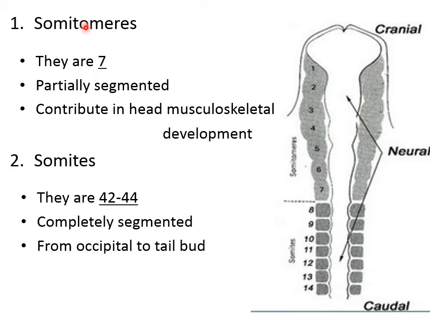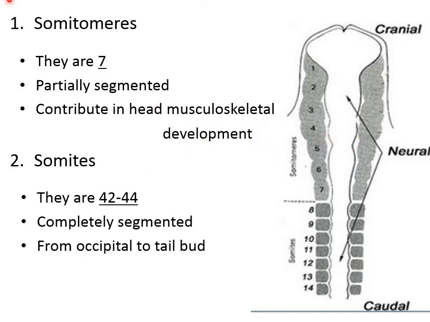We have two important structures, the somitomeres and the somites. The somitomeres are 7 and they are partially segmented. They contribute to head musculoskeletal development.